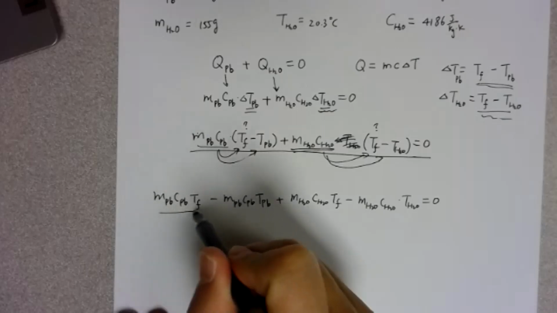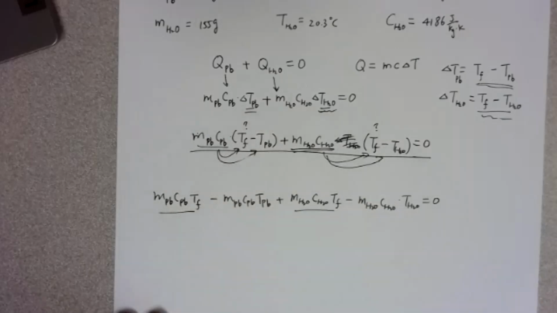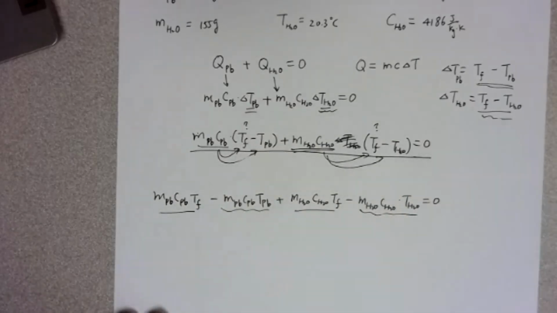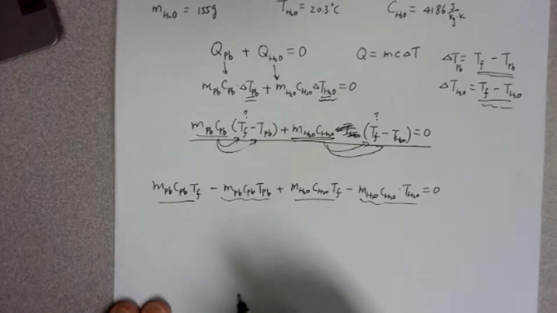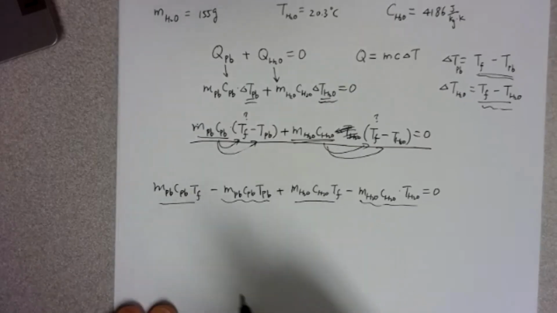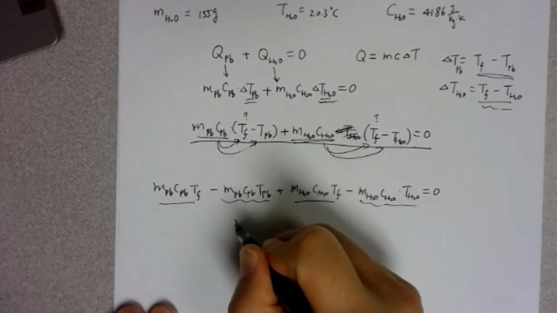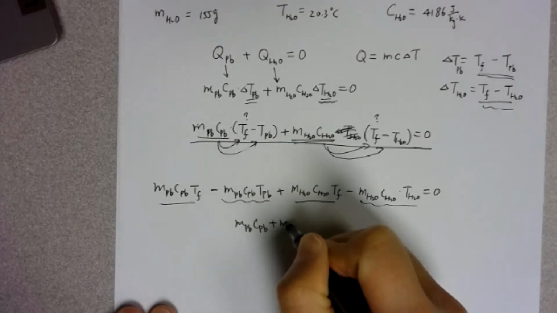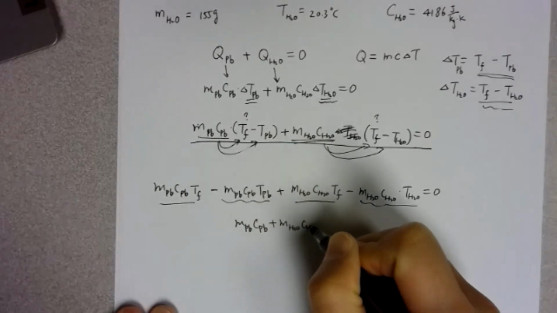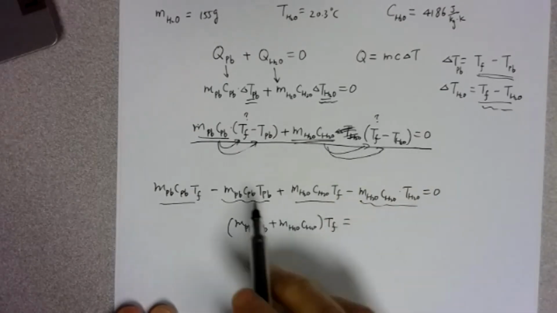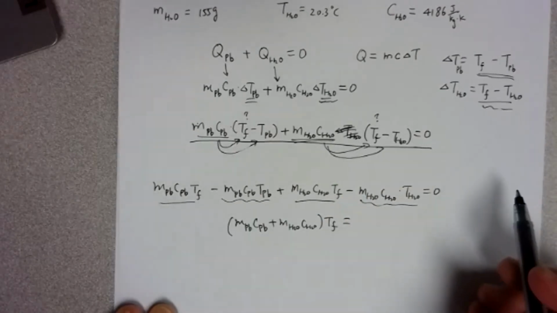You'll put these two terms, which have TF, together, and then move these two to the other side of the equation. So these two together, this guy plus that guy, TF is the common factor, so you do MPb, CPb plus MH2O, CH2O, together times TF equals, these two terms go to the other side of the equation.